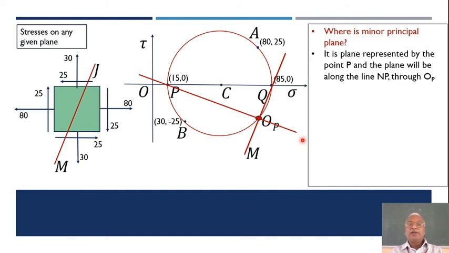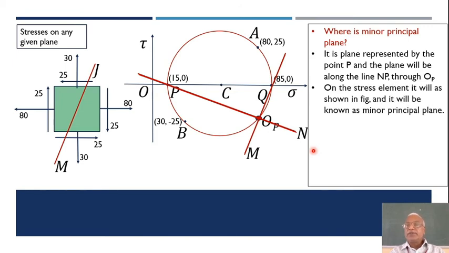The point is P, it is representing a plane, and it is along the line NP. Like MQ we have, similarly NP, through OP. Now on the stress element, it will be as shown in the figure, and it will be known as the minor principal plane.